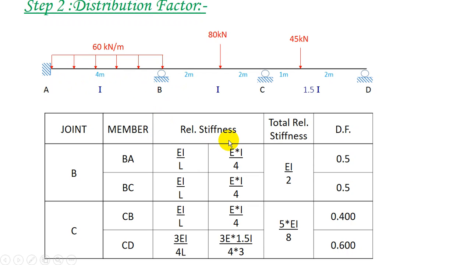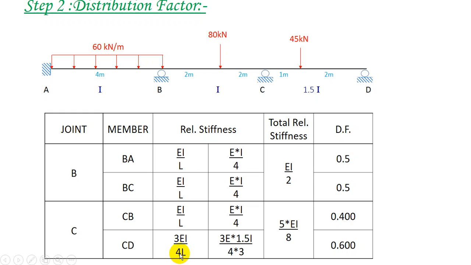But if my far off end is hinged, in the case of CD, D is my far off end and D is hinged or it is roller, basically it has to be pin jointed, then the relative stiffness is 3 by 4 EI by L.